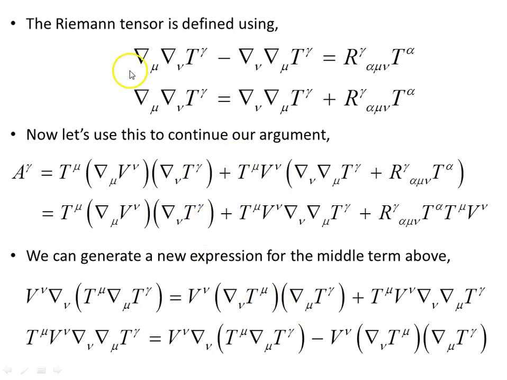Alright, now the Riemann tensor, separate video for all this and so on, but it is defined in other videos on this channel, but by definition the Riemann tensor is defined this way, and what we can do is rearrange that object, and so we'll take the first part here, move this second term here to the right, and we have this object here. So let's continue our argument.